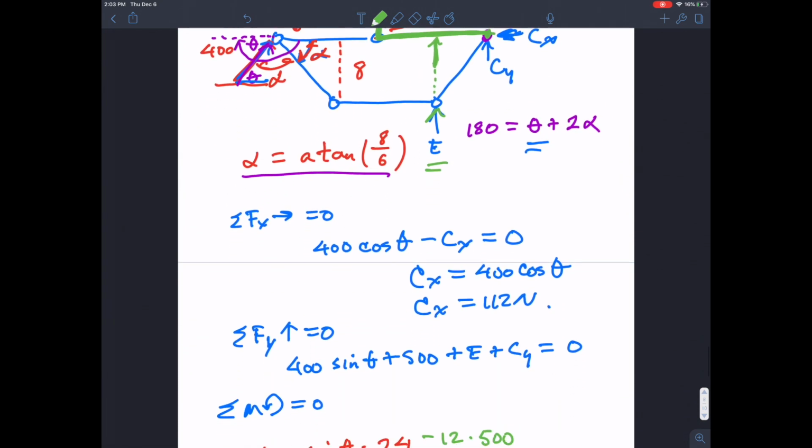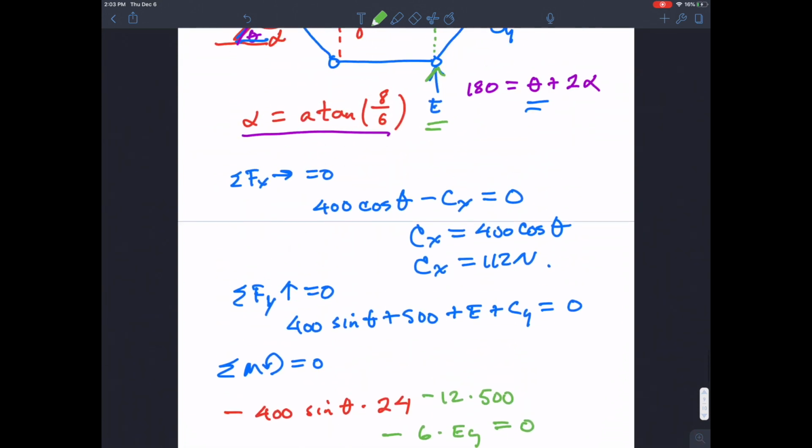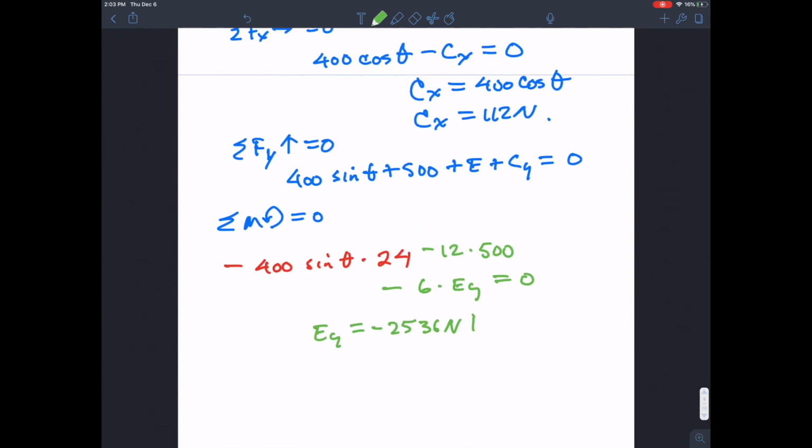Okay, so those are the equations that you need, and when you solve, you get EY, the way we referenced it, EY is going to be minus 2,536 newtons, and I reference this coming up, which is the same thing as the positive 2,536 newtons going down. All right, so that's EY.